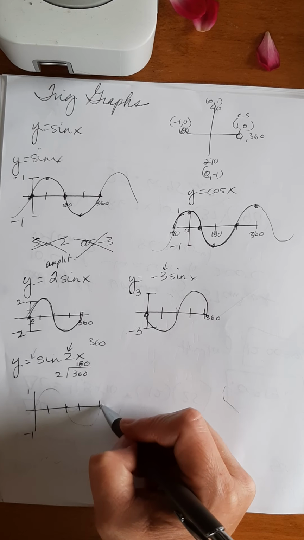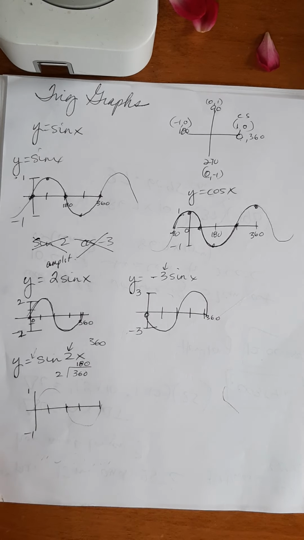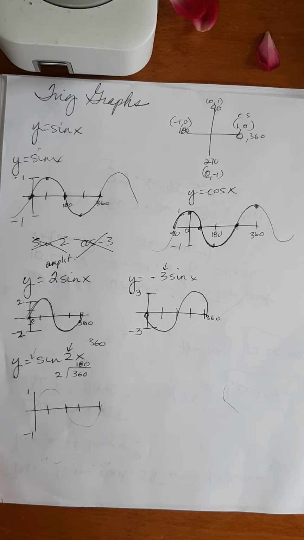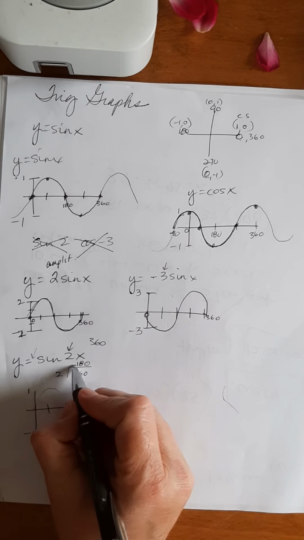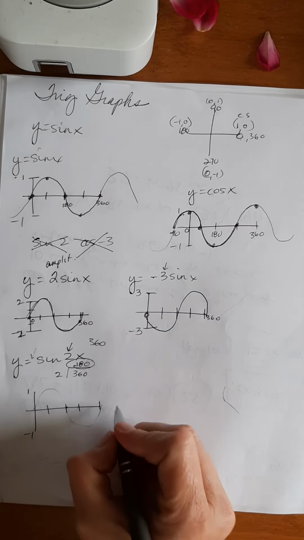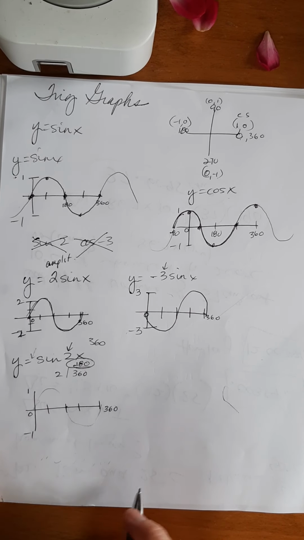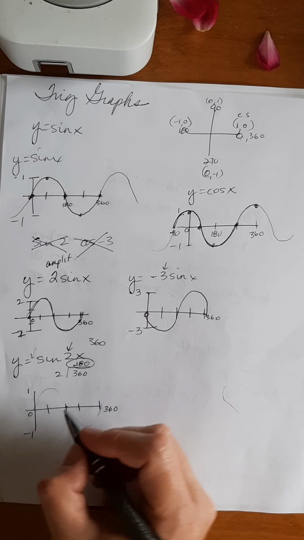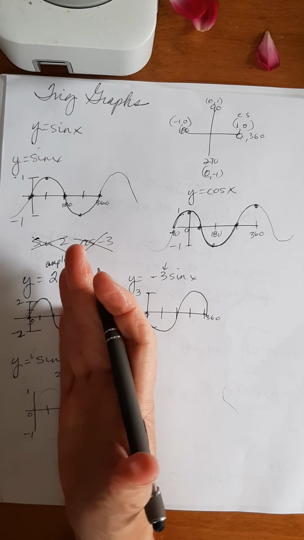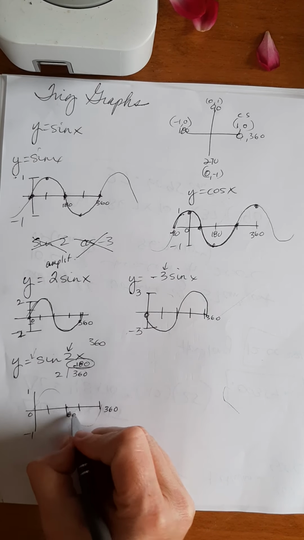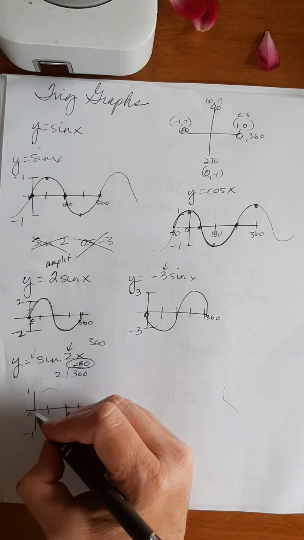And see, ordinarily, your graph would look something like that. I'll just do it real light. But in this case, it's every 180 degrees, not every 360 degrees, that is 1 sine curve. So that means from 0 to 180, we're going to need this shape.